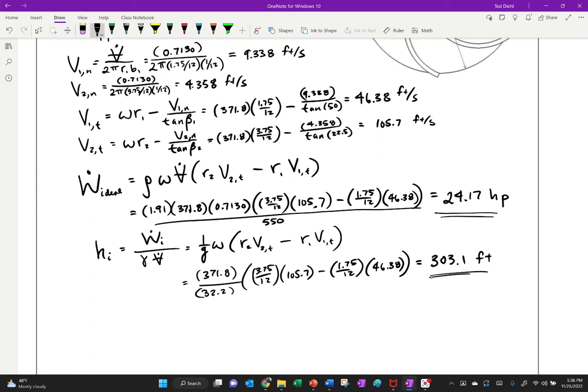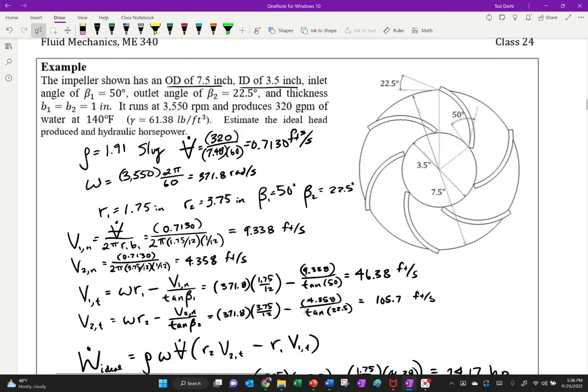In the next video, we're going to talk about some practical pump concerns, and we'll have an example, and I will use this same impeller. So what we did right here was a velocity triangle problem, right?